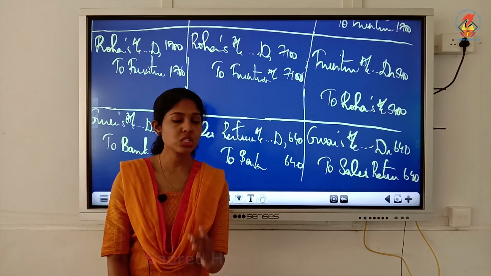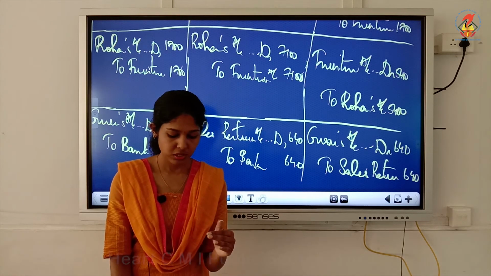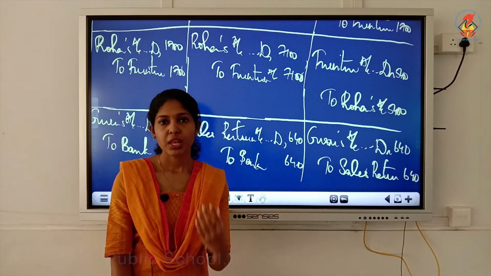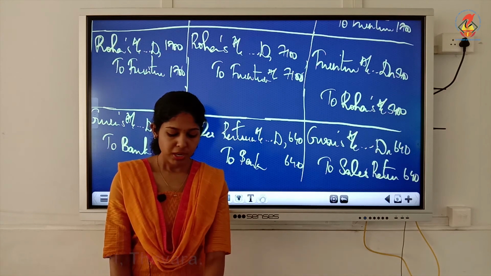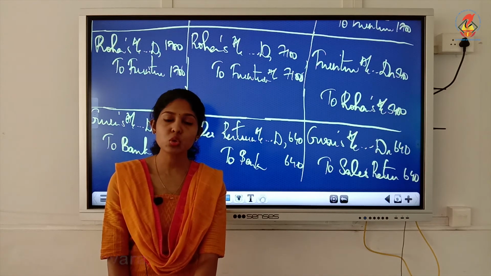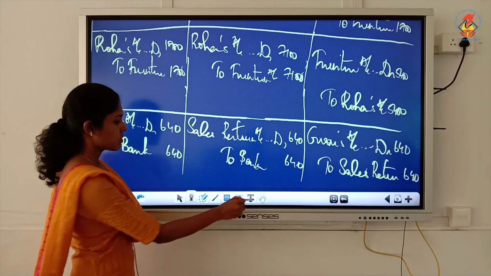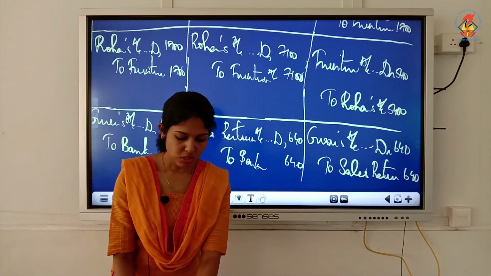So now the situation is not bad, you have to write the entry for bad debts recovered. What's the entry for bad debts recovered? Cash or bank debtor to bad debts recovered account. You must specify it as bad debts recovered. But instead of that, you credited it to his personal account. You have credited Prasad's account. What is written? An amount is being recovered.